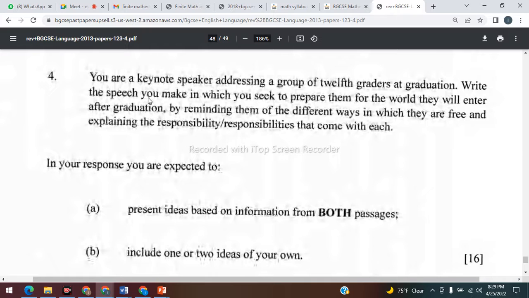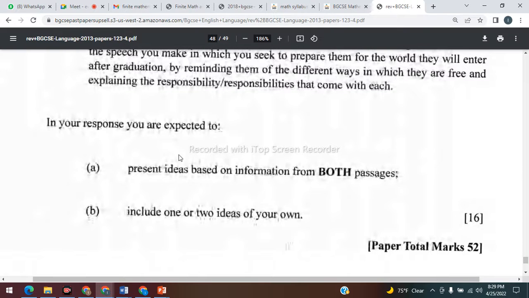Write the speech you will make in which you seek to prepare them for the world they will enter after graduation, by reminding them of the different ways in which they are free and explaining the responsibilities that come with each. In your response, you're expected to present ideas based on information from both passages, so you have to talk about both passages. Include one or two ideas of your own. Okay?